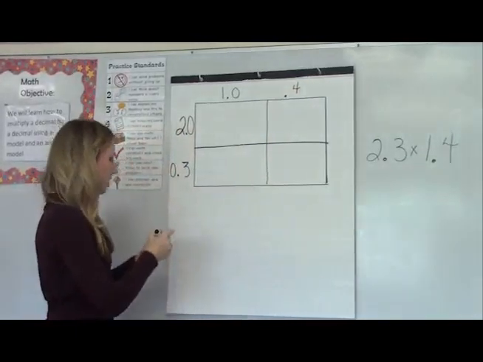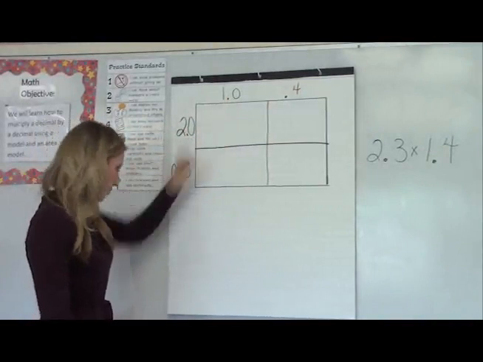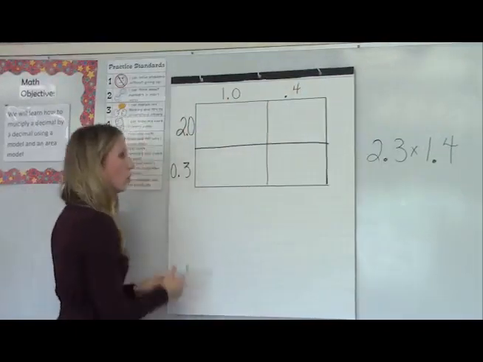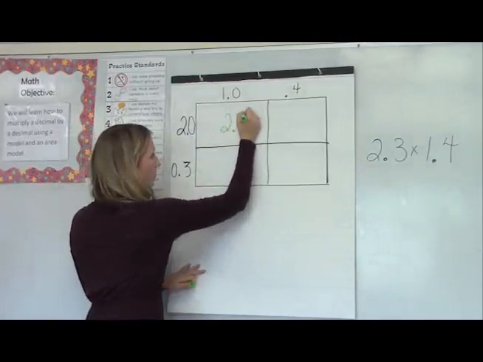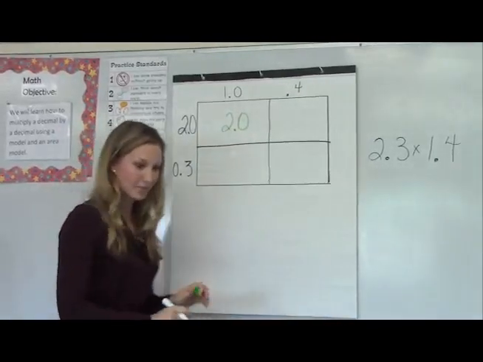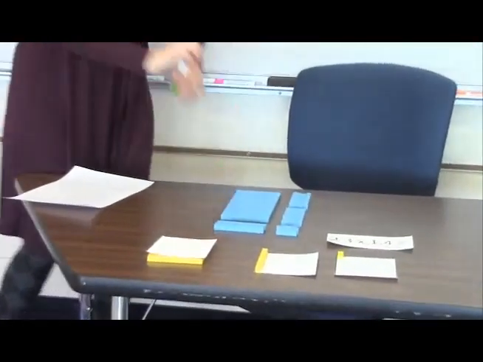So when I multiply 2 wholes by 1 whole, I would get 2 wholes. You can see that in my model because I have 2 whole flats.